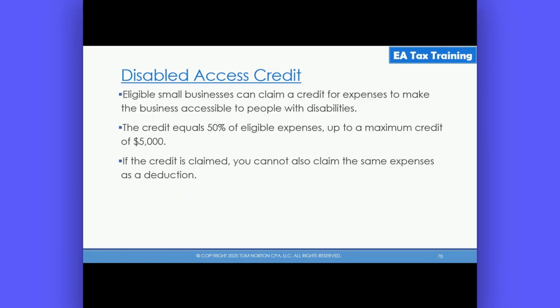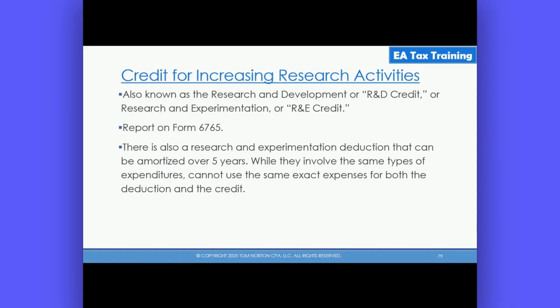If you are using certain costs for a credit, you cannot also take a deduction for those costs. You need to do one or the other, but not both. That is applicable to this disabled access credit, just like it is to the rest of them. So what you will want to remember for the exam is 50% of eligible expenses up to a maximum credit of $5,000.